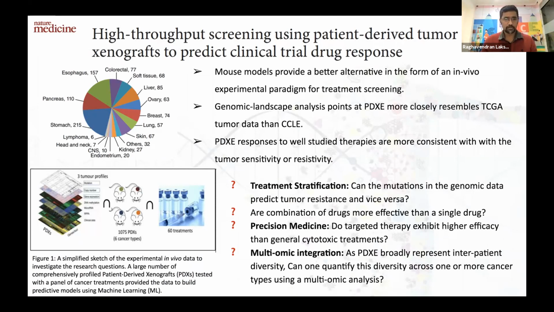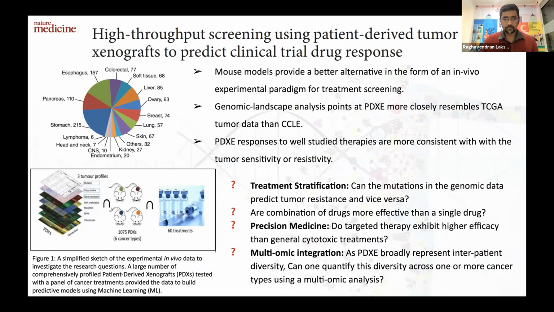Such immunosuppressant mouse which got administered with tumor grafts are known as patient-derived xenografts, or PDXs in short. They are administered 60 different treatments, and their responses were recorded in change in volume and the ability of the mouse to survive the disease. Such survival data analysis of 1075 PDX mouse was released along with the study.